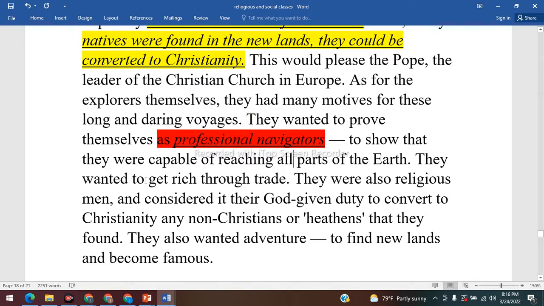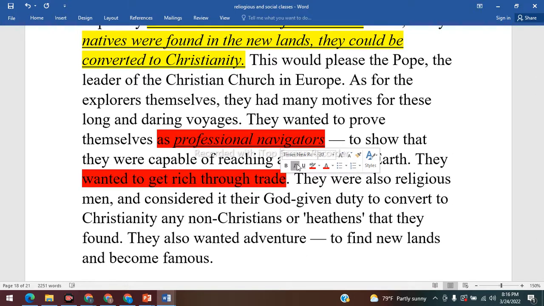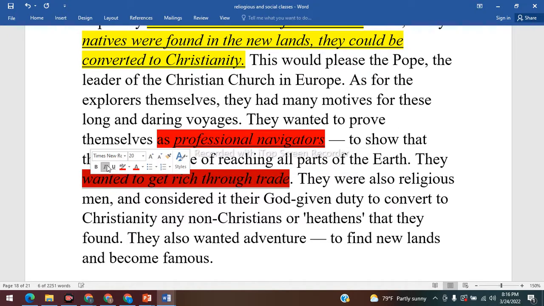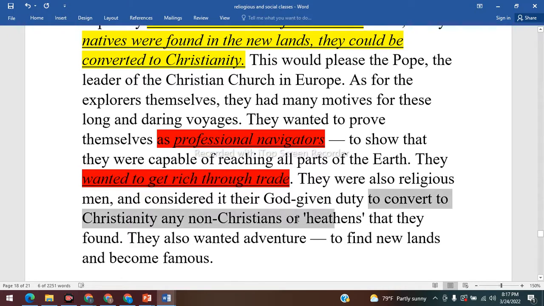They also wanted to get rich through trade. That's a huge motive for Christopher Columbus and the rest of those navigators. They wanted to get rich, and of course, they also wanted to convert the people they met to Christianity.